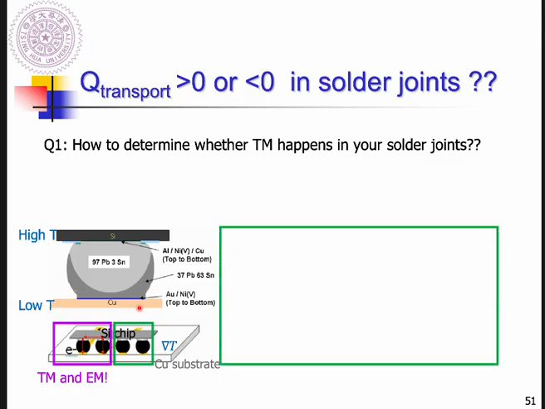So probably you will answer as the prior slide demonstrated, that you can just put two solder bonds which only suffer a temperature gradient but do not have current passing through this material.